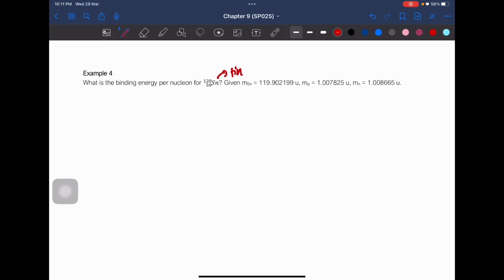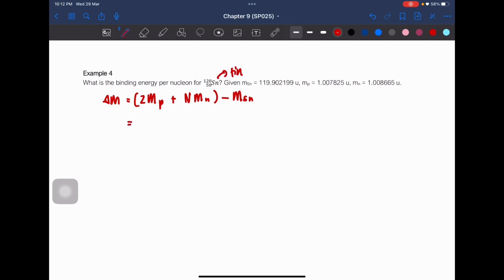Okay, so how do we find the binding energy per nucleon? Alright, so since they tidak mention, we're just going to assume that this mass of tin ni is the mass of nucleus lah. So delta M is equal to the usual ZMP plus NMN minus mass of tin nucleus.